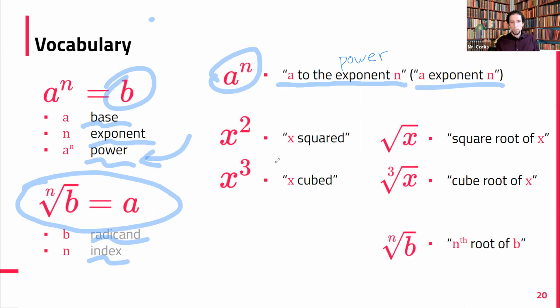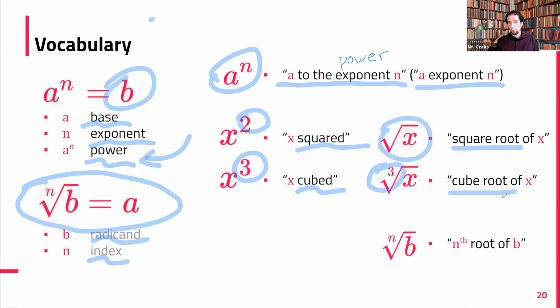So two special cases. Generally it's a to the exponent n, but if it's a 2, we say squared. If it's a 3, we say cubed. For roots, similar idea. This is a square root of something. This is a cube root of something, not cube square root, just cube root.